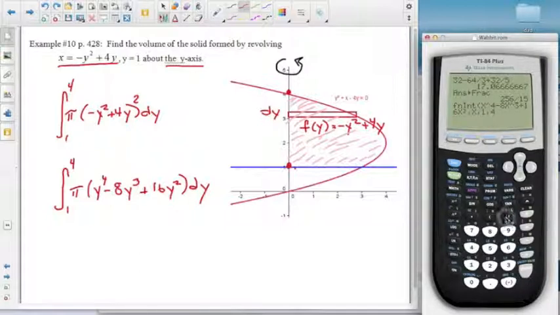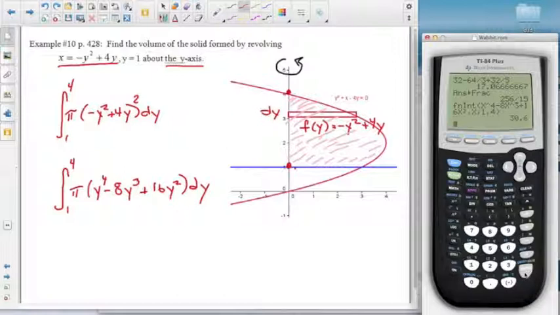And if you notice with that fnInt, that y to the 4th minus 8y cubed plus 16y squared from 1 to 4, I don't have the pi in there, so that is just going to get me the portion that I would integrate. So I have to remember to include the pi with that.